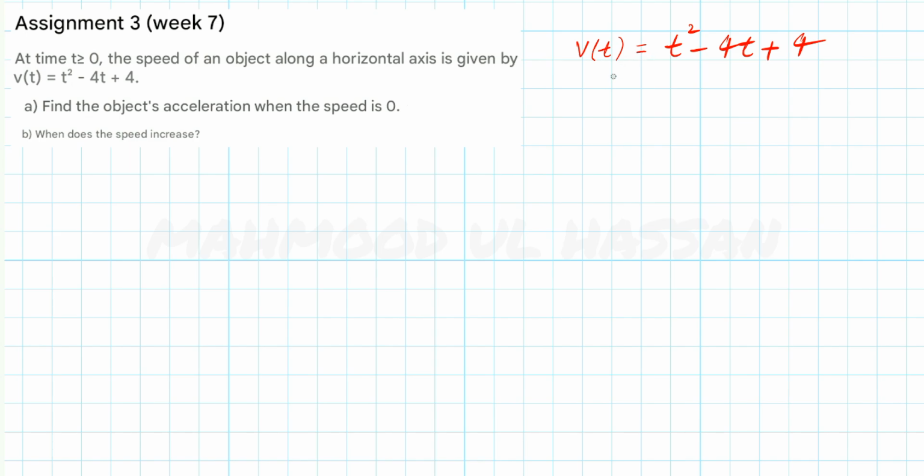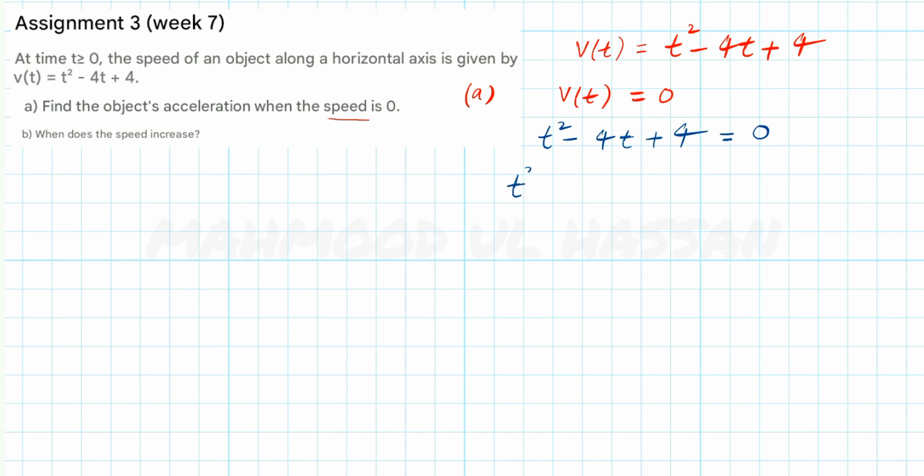Okay, so now first we are going to find the value of t. When the speed is 0, it means that v of t equals 0, but v of t is equal to t squared minus 4t and then plus 4 equal 0. So here, this is a quadratic equation, so we have to factorize this.